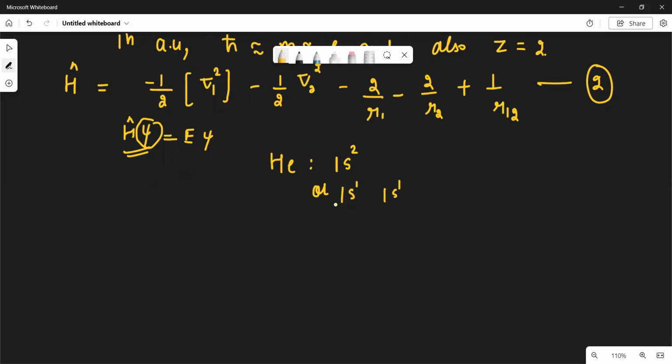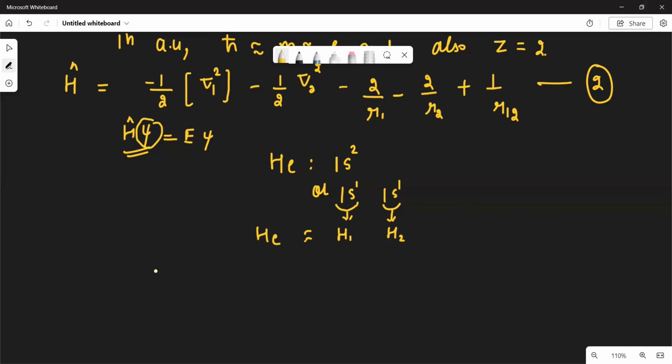This 1s1 configuration represents the configuration of a hydrogen atom, and this also represents the configuration of a hydrogen atom. Let's suppose this is for the first hydrogen, and this is for the second hydrogen. So you can see that this helium atom is equivalent to two hydrogen systems.